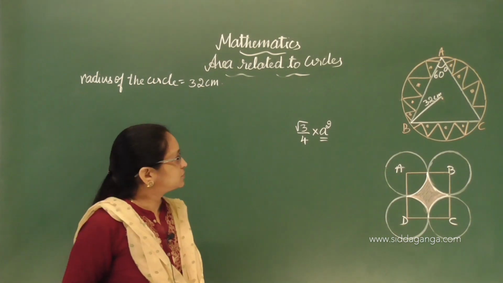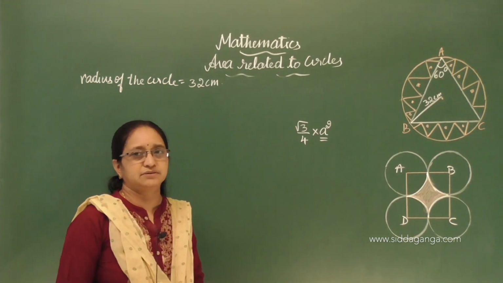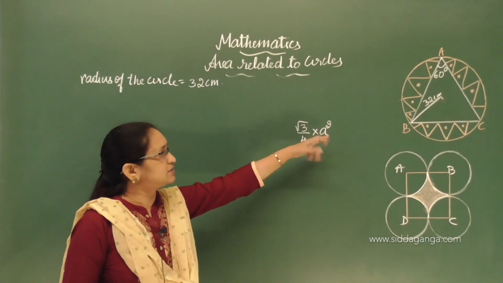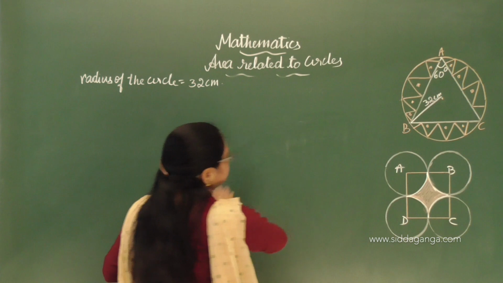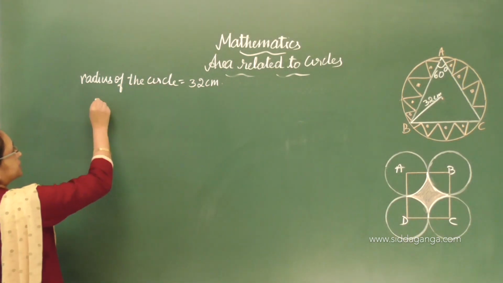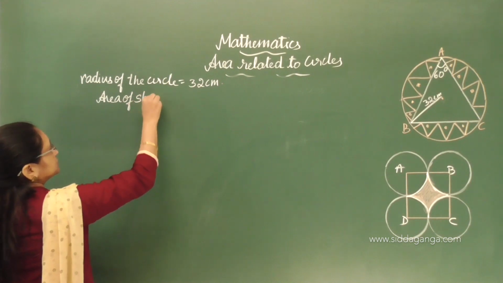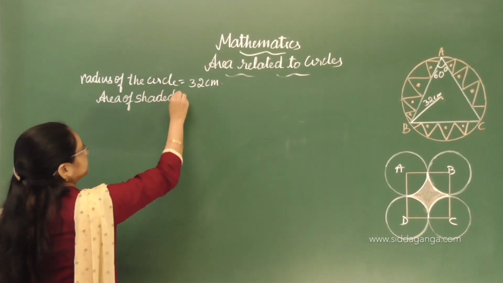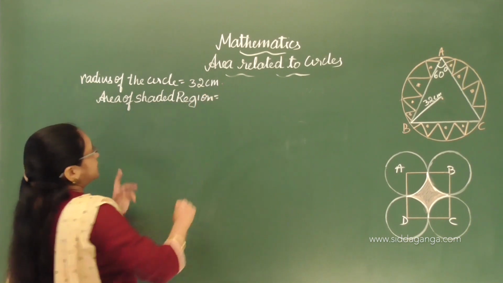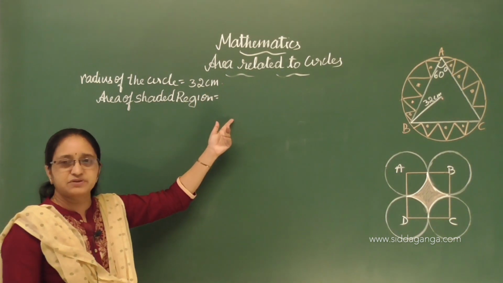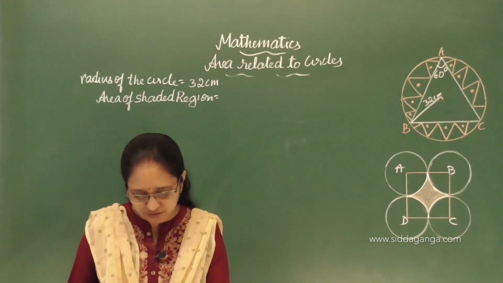I hope it is clear now. Okay, now we shall find out. So, how to find out the side? Once you find out the side, then it is very easy to do the problem. See here. So, let me write area of shaded region, or you can say area of the design, because in the question they have asked to find out the area of the design.